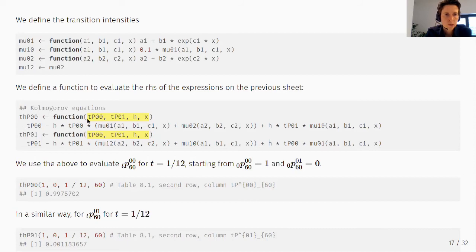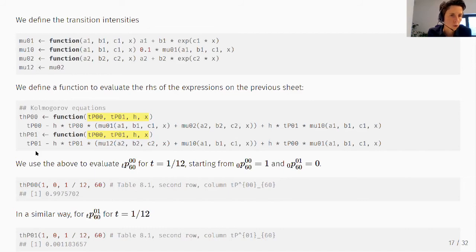So what I get here is, as arguments, the TP00, the TP01, the step size h, and the age x. And I'm going to say, yeah, if I need to evaluate that expression that I see on the right-hand side, I get something like this. So you can match these expressions and you will see that these are the same.